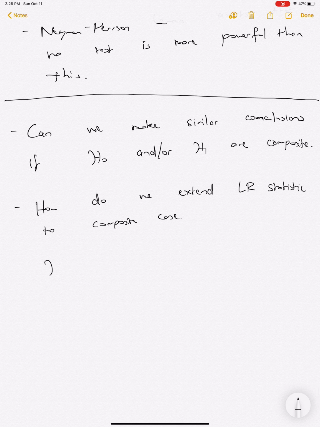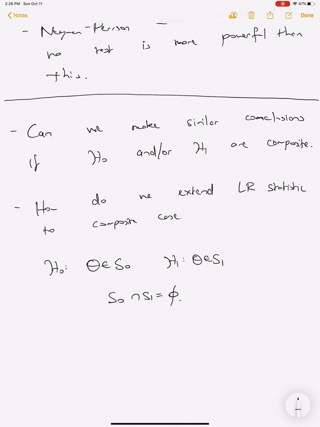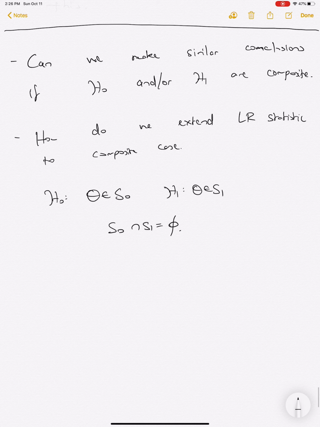So say we have H0, theta is in S0, and H1 is that theta is in S1, and we know that S0 intersect S1 equals the empty set. And so then we can say that the likelihood ratio, which is now going to be a function of the sets S0, S1, and then X1 up to Xn, we're going to do this notion of maximizing.